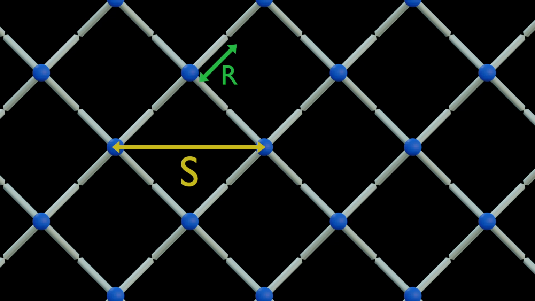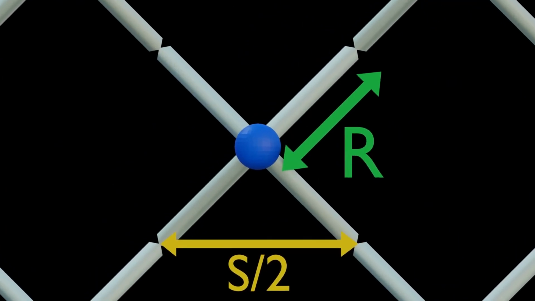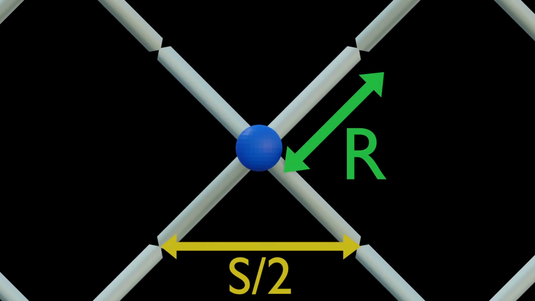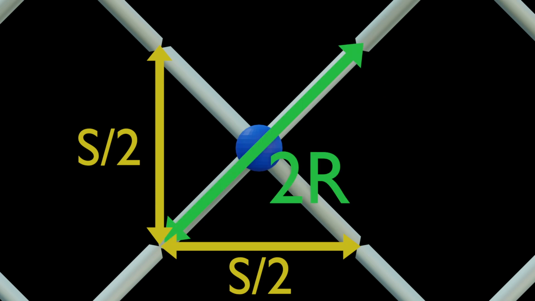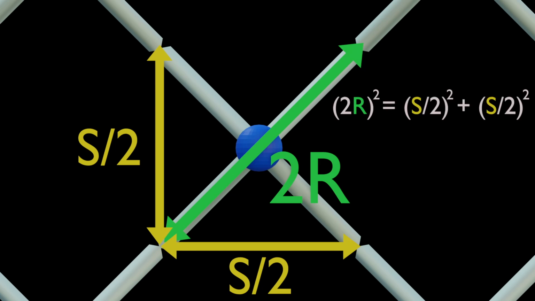This dimension will be exactly half of our scale. If you look closer, you can see that half of the scale is also here. So we basically have a square, and 2 times r is the diagonal of that square. To calculate our radius, we simply use Pythagoras, and after a little bit of math, here is our result.